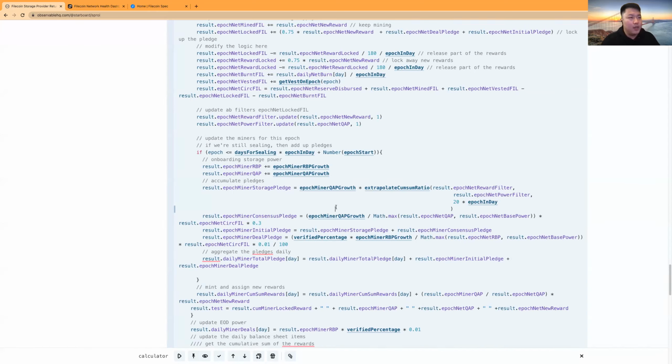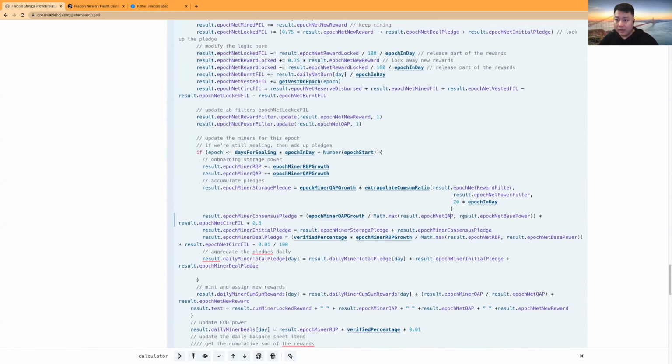You're trying to divide your own quality adjusted power as a storage provider, how much you have been growing from a QAP perspective, specifically Filecoin Plus deals, divided by the overall network level. Mathematically, you're dividing your epoch miner quality adjusted power growth over, you can ignore the maximum operator here, the network overall level quality adjusted power.